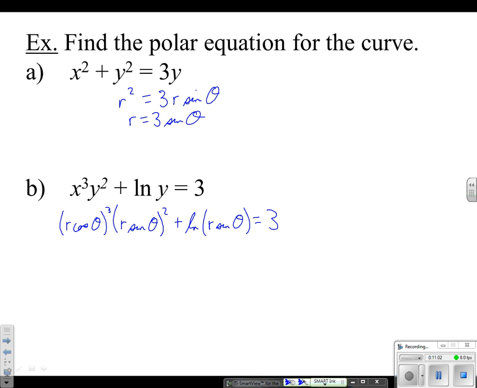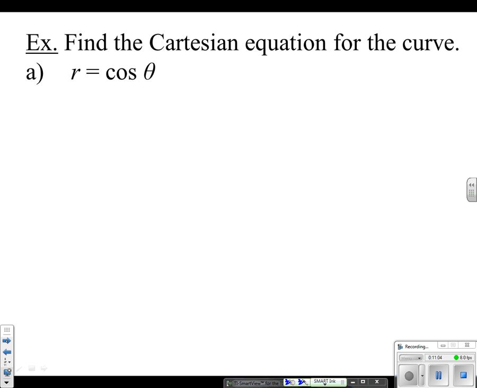So it's definitely more tricky to convert from polar to Cartesian. Basically what we need to do here is alter the equation as much as we can to make it look like the formulas that we have been given. Now, I don't have a formula for r, I don't have a formula for cosine theta, but I could multiply both sides by r.